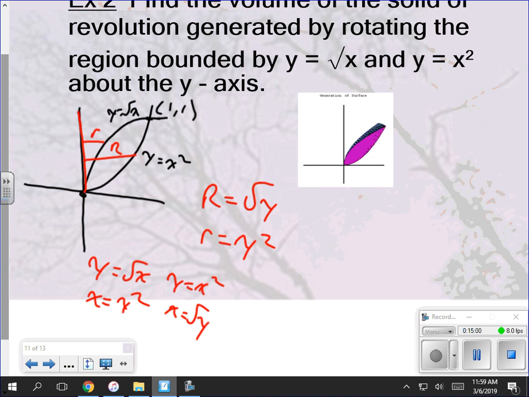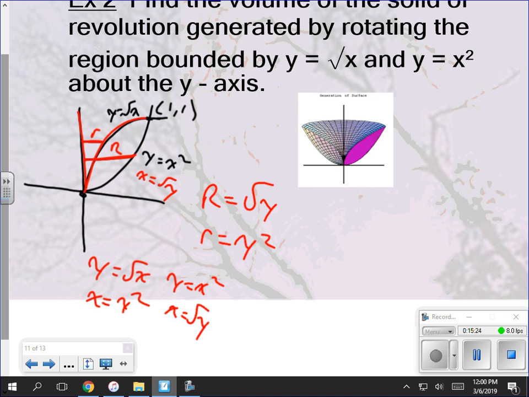This curve right here, that's y squared. That's my little r, that distance from the y-axis. Axis of rotation is an axis, so that's what I do it on. And this is my big R. It goes all the way out to this equation here, which is x equals the square root of y. So that's why my big R is square root of y, little r is y squared.